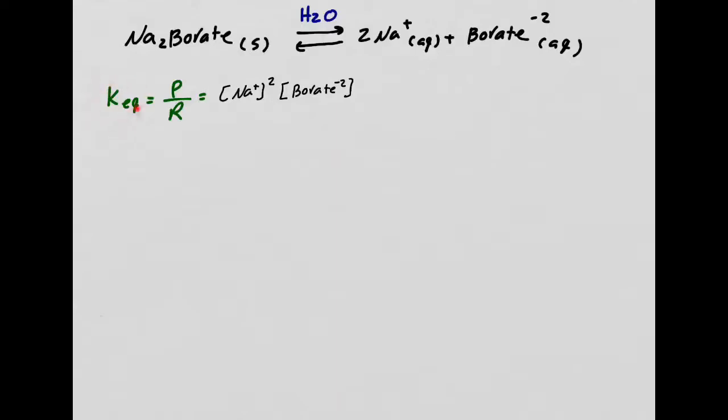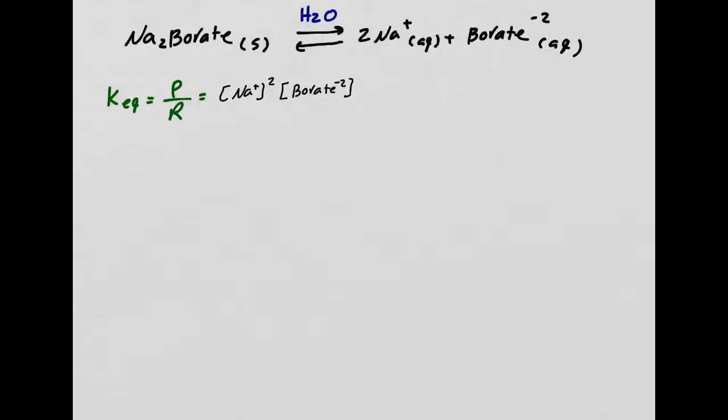My product is sodium to the power of 2, borate to the power of 1. That's my product over reactant, except my reactant is a solid, so I'm not going to include it in my equilibrium constant equation. Okay, so this is my equilibrium constant.